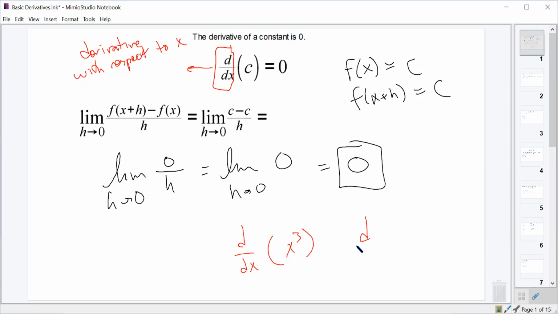If I asked you the derivative with respect to x of y cubed, this is not something we can do without extra tricks that we are not going to learn for another week or so. So the derivative with respect to x just means that the variable in here needs to be x. Everybody good with that for now?